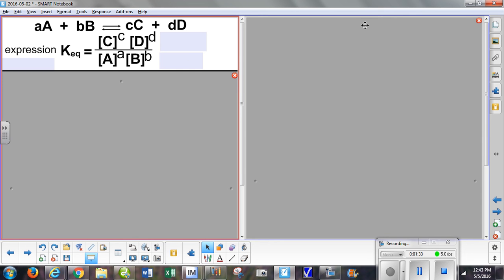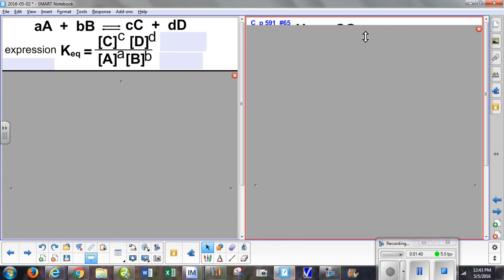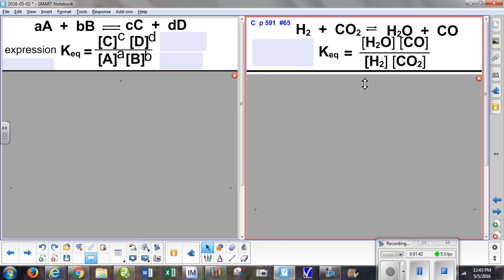Now, I'm doing an actual example with you as I go so that you can see the two side by side. The thing that we did in our Do Now today was this. The problem is on page 591 in Chemistry and Matter, what our textbook actually has.